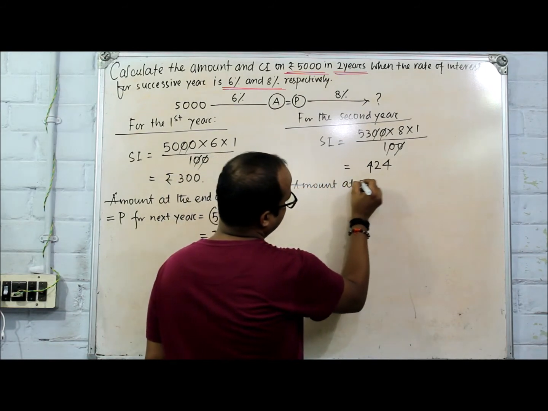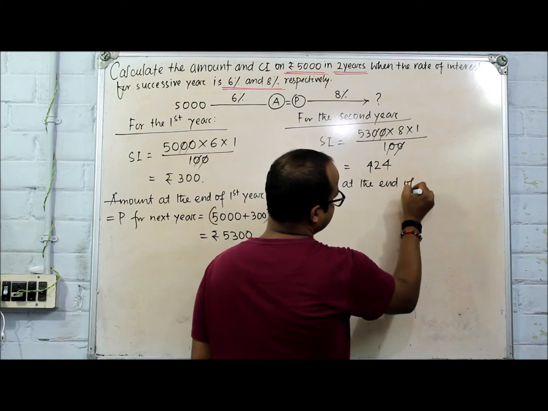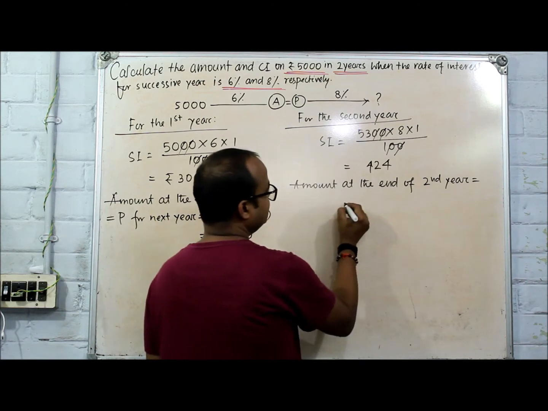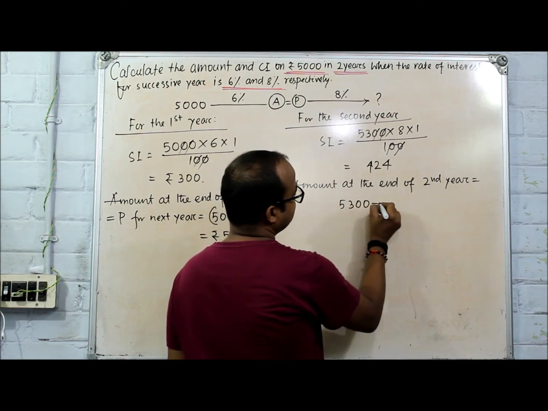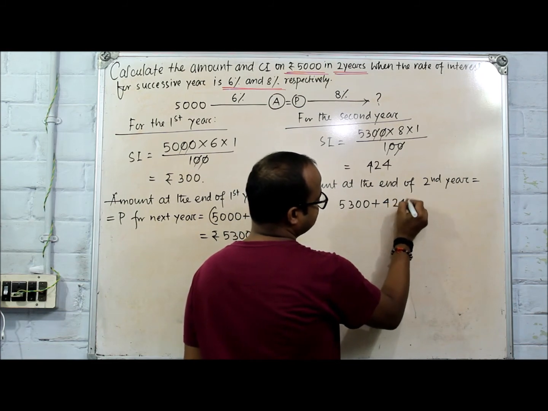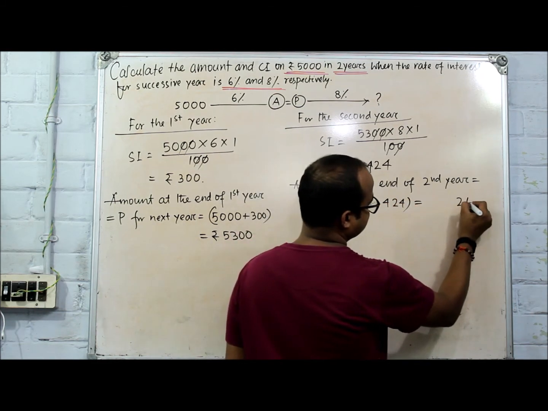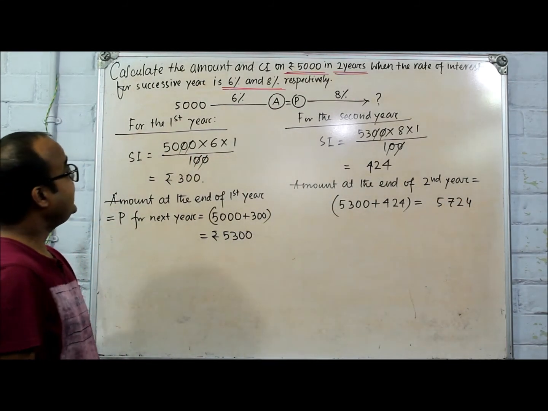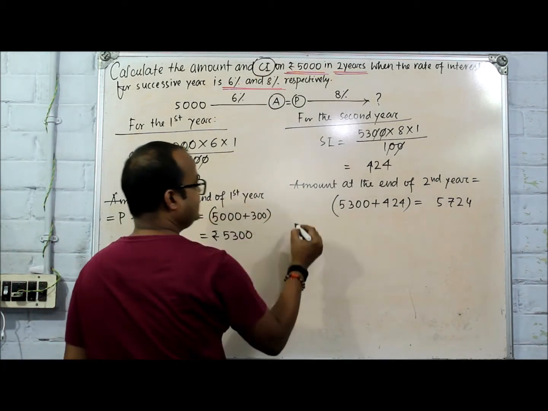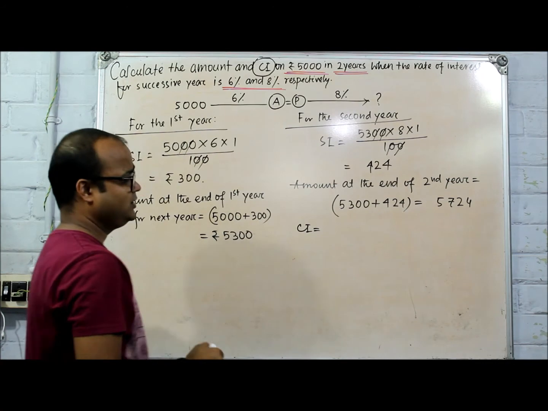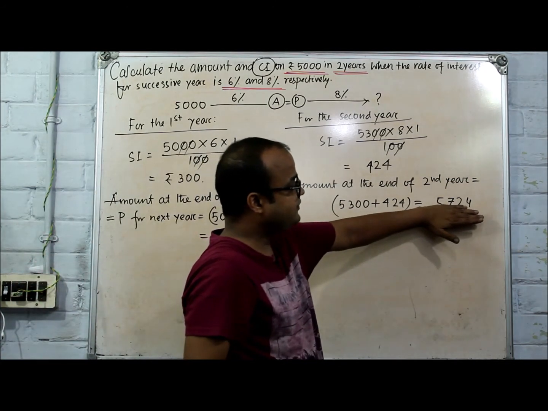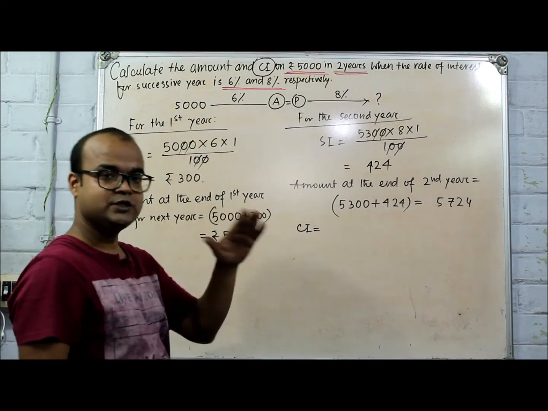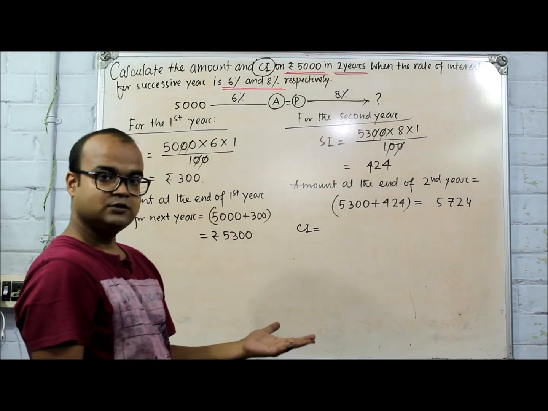So amount at the end of second year is equal to 5,300 plus 424, 5,724 rupees. And CI, you can find in two ways. Since the amount at the end of 2 years is 5,724 minus principal, that is 5,000, you will get 724 rupees as compound interest.